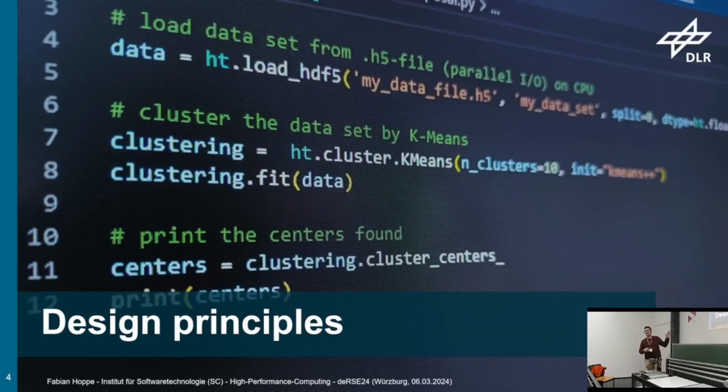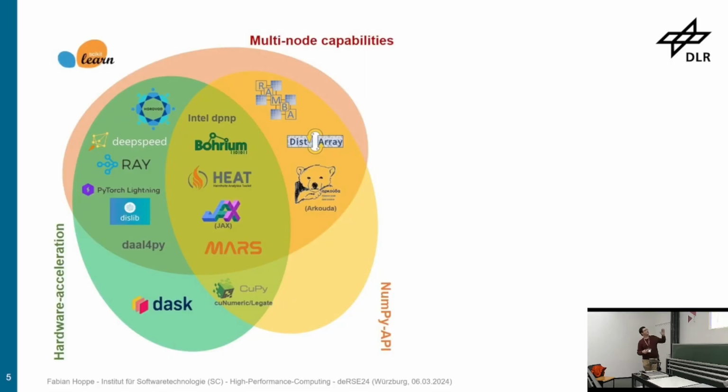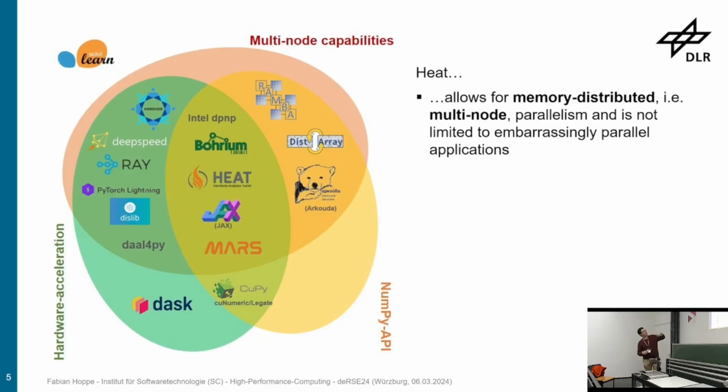So let me briefly go through the design principles. So I will just go through them, what is our idea. So HEAT allows for memory distributed, that is in a cluster, multi-node parallelism, and it's not limited to embarrassingly parallel applications.